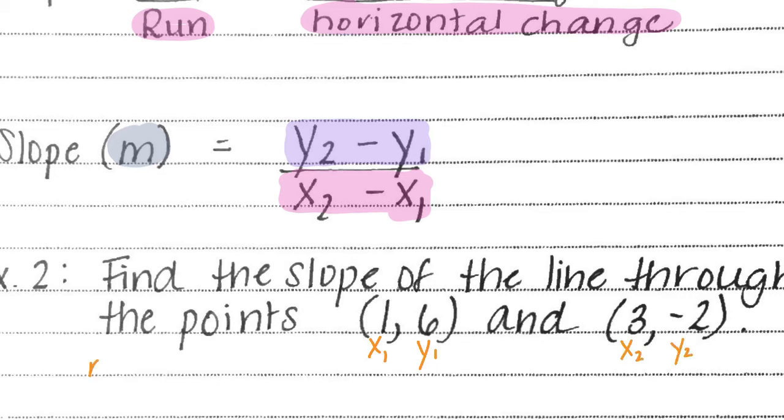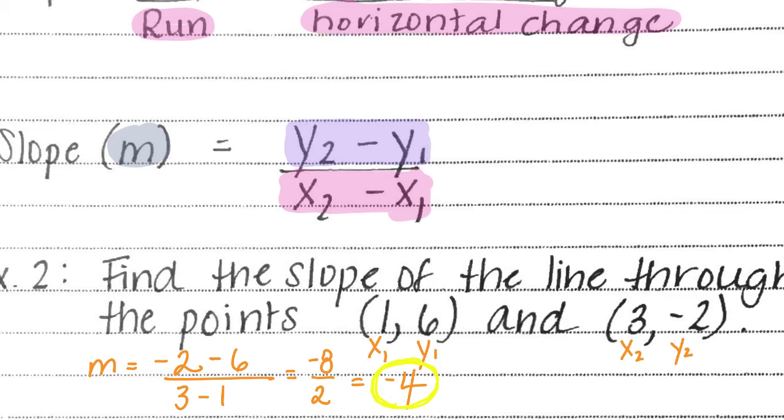So we're going to take m and make it equal to -2, which is the y₂, minus 6 over 3 minus 1. When I take -2 minus 6, I get -8. 3 minus 1 is 2, so it looks like my slope is -4. So my lowercase m, my slope, is -4.